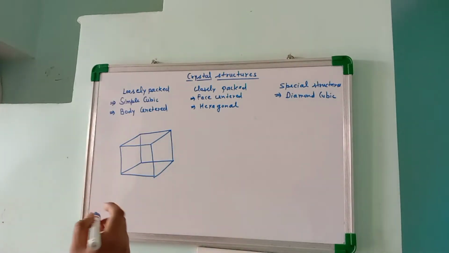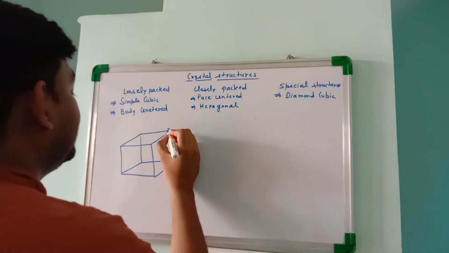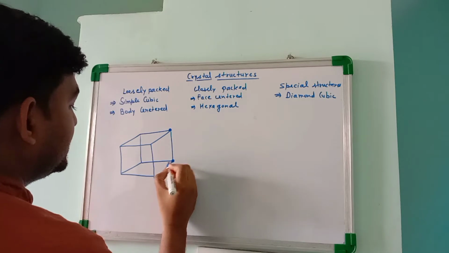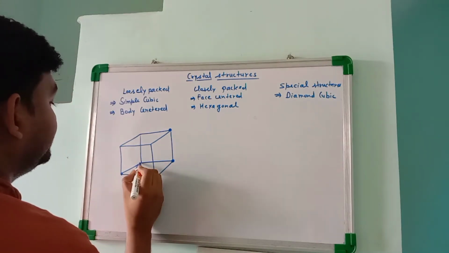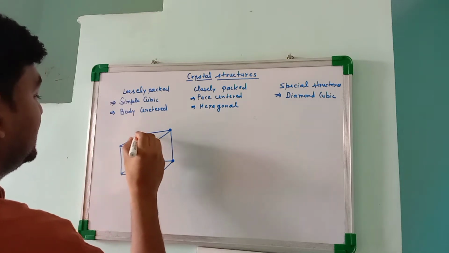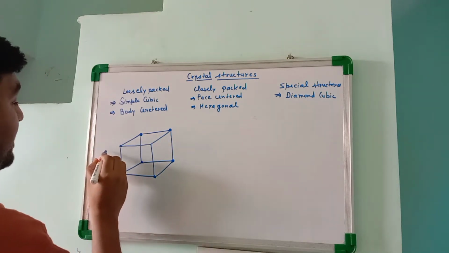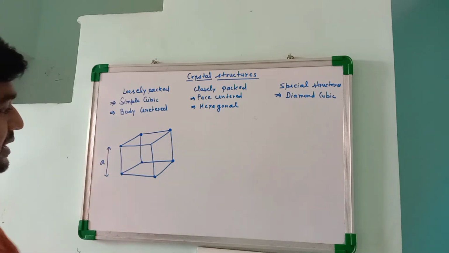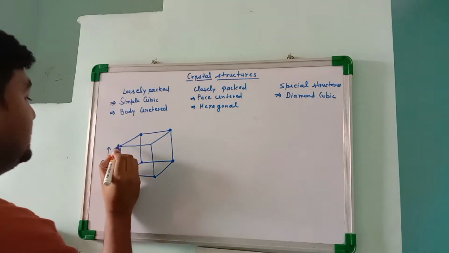Okay, so for this simple cubic lattice, as we know, the atoms are present on each corner of the lattice, and suppose the edge length of this cube is a.